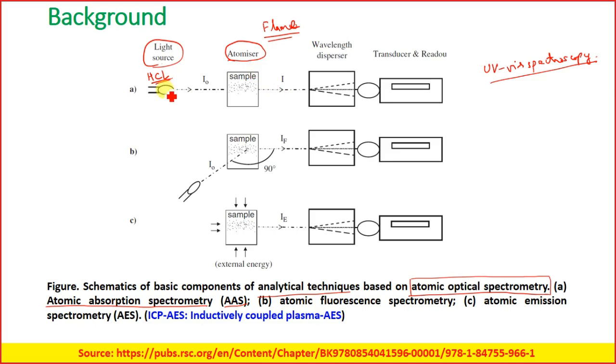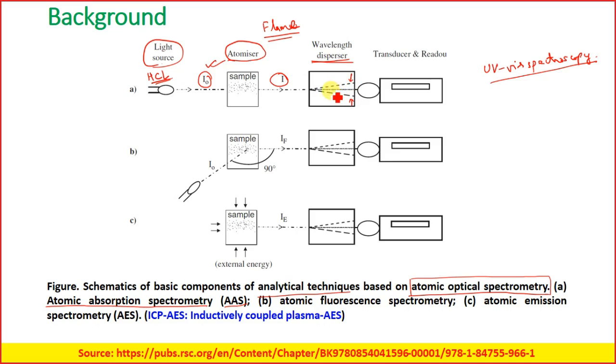Now you have the incident light and the transmitted light. Then, just like any other spectroscopic technique, you have a wavelength disperser, which will decompose the light. You can use a monochromator if you are interested in the I0, or the wavelength of the light from the hollow cathode lamp.